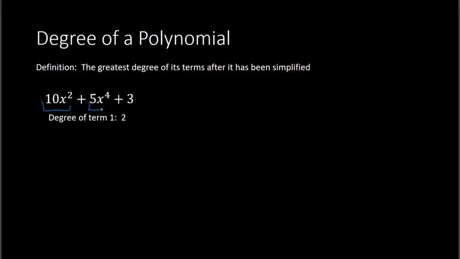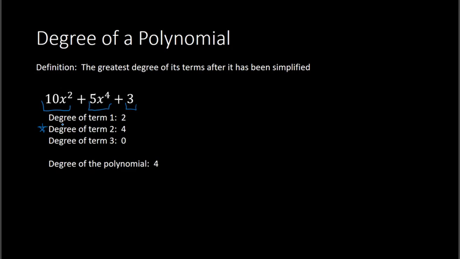And then term 2, the degree of this would be 4. And then term 3, there is no variable, so there is a degree of 0 for term 3. So the degree of the entire polynomial is found by taking the largest one. So the largest one is here, the second term, and that was 4. So the degree of the entire polynomial would also be 4.